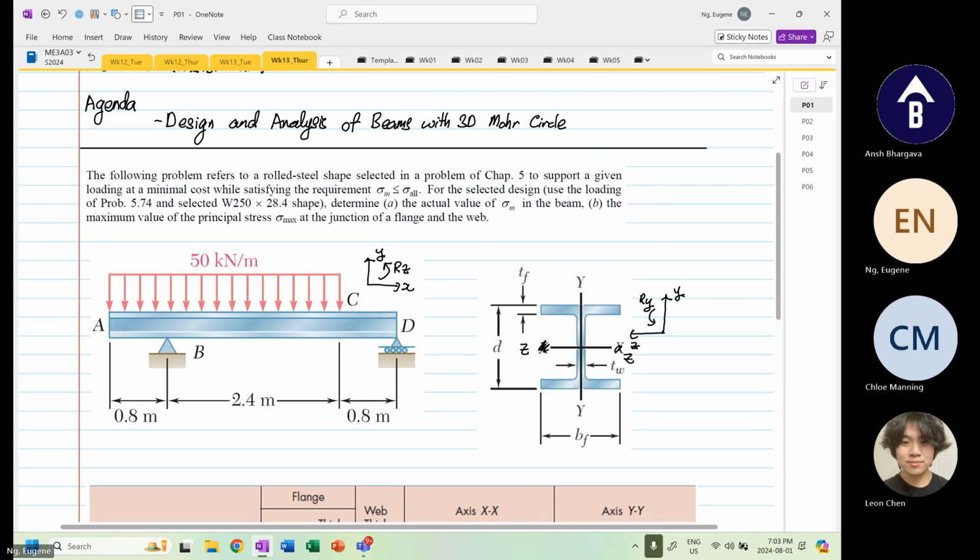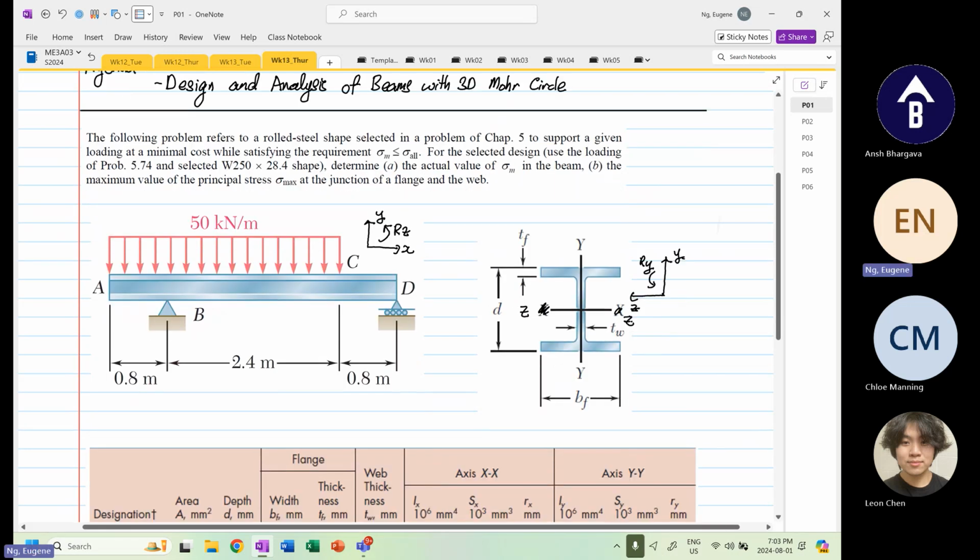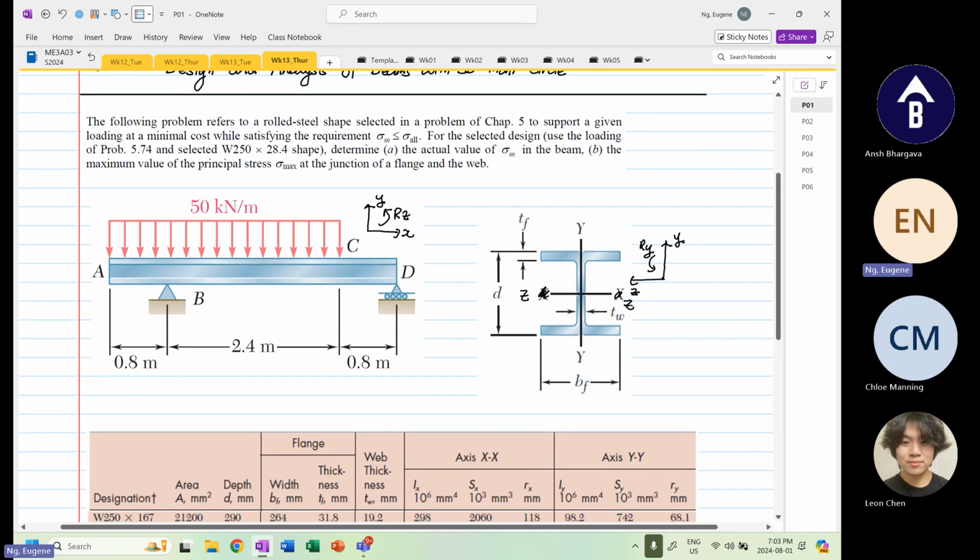So failure occurs at 2 different scales. Let me elaborate. When we look at this level, we are looking at the macro scale, and when we look at the cross section, we look at the micro scale.